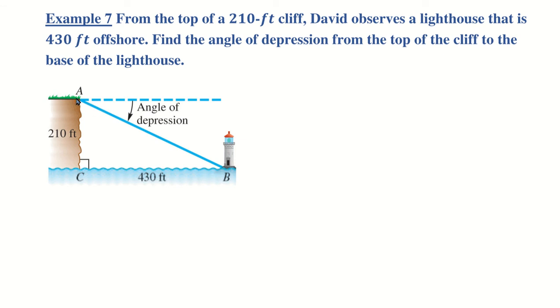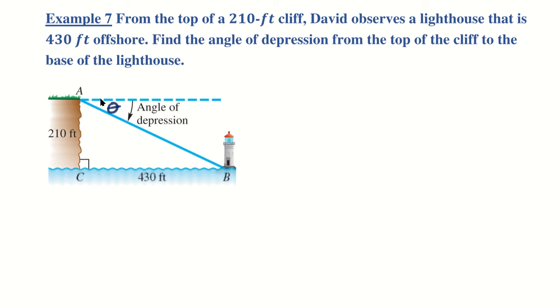So first you draw a line from the point of view to the observed point, and then you draw a horizontal through the point of view, and the angle that's formed between those two rays will be your angle of depression. So let's go ahead and call it theta.